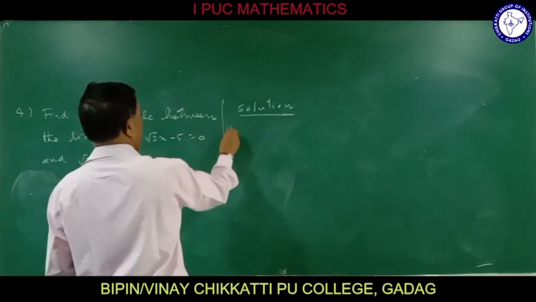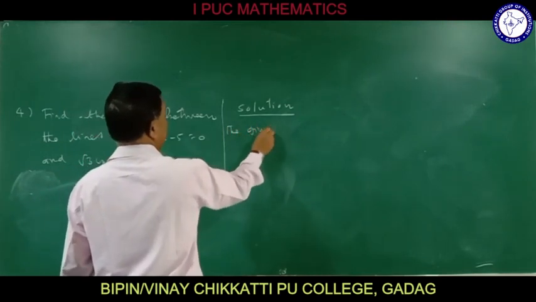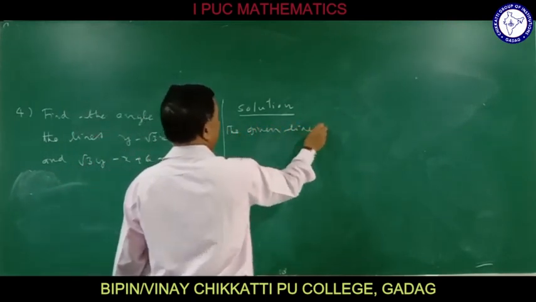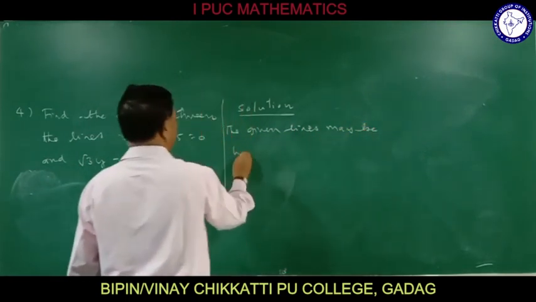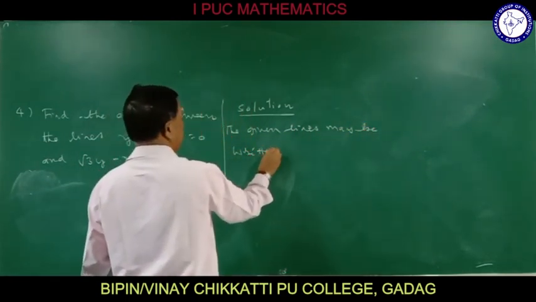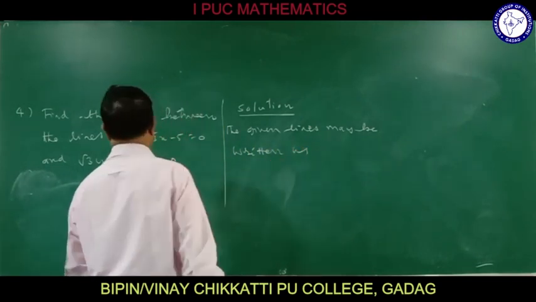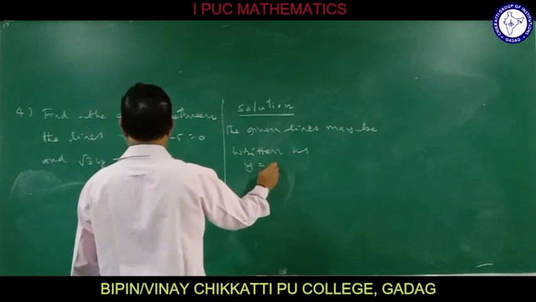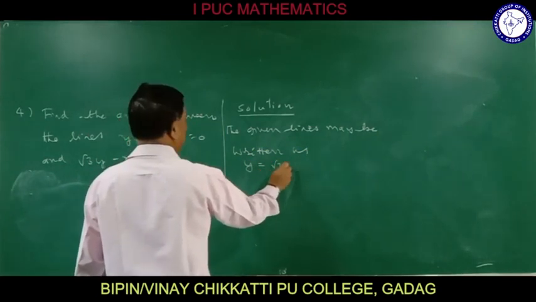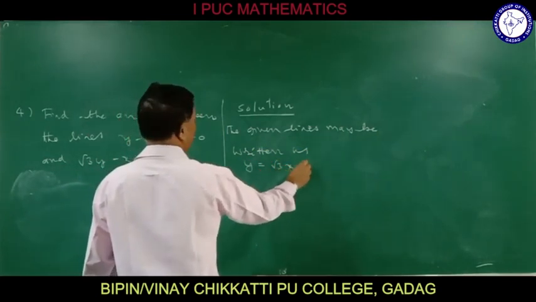The given lines may be written in y equal to mx form. You can write y is equal to root 3x plus 5.